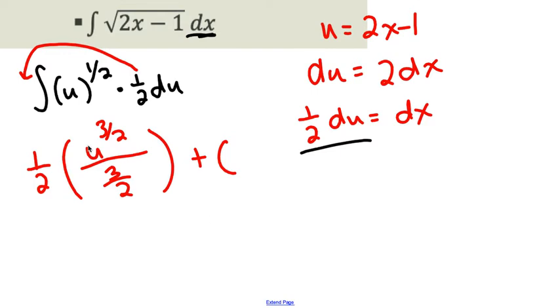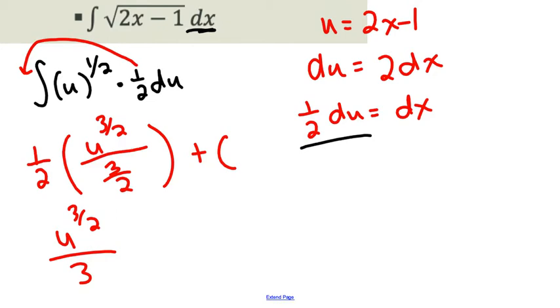So now, what do we end up with here when we take this and simplify? So we're basically multiplying this by 2/3. Okay, multiply by 2/3, and what we end up with is u to the 3/2 over 3.